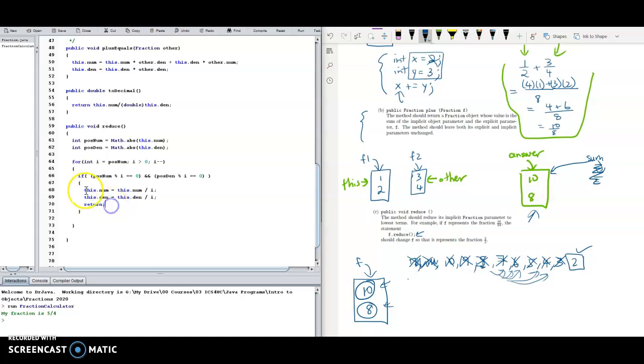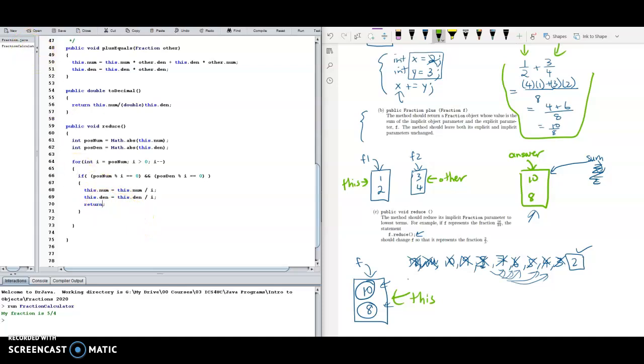So what's actually changing is, like I said before, when f is passed into the Fraction class, the pointer here is this. So this.num and this.den is basically like writing f.num and f.den at this moment because it's pointing at f. And so it'll change those values and then return back saying I'm done.